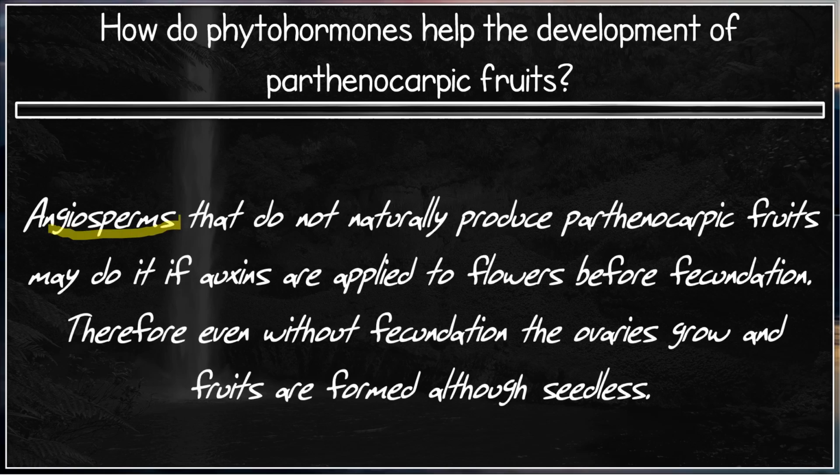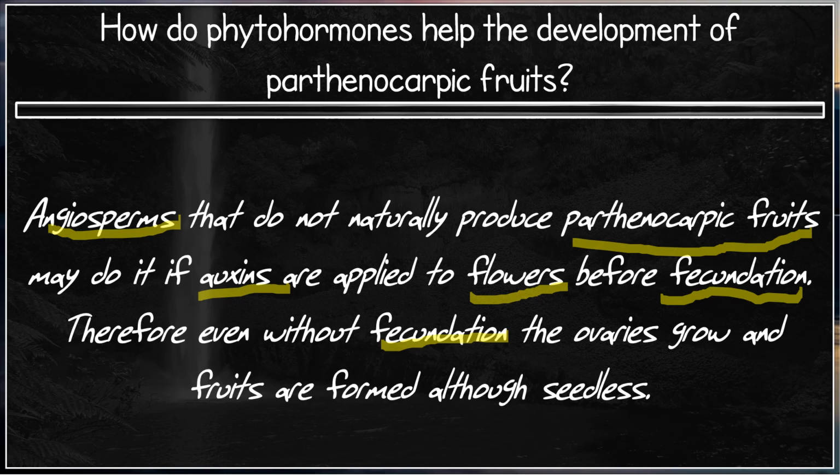Angiosperms that do not naturally produce parthenocarpic fruits may do it if auxins are applied to the flowers before fertilization. Therefore, even without fertilization, ovaries grow and fruits are formed without seeds.